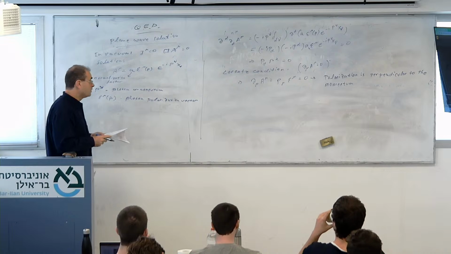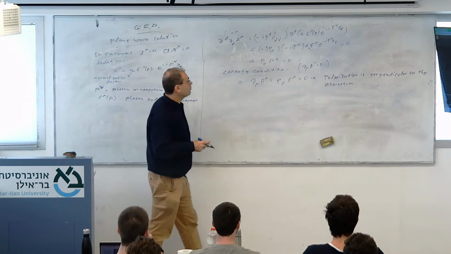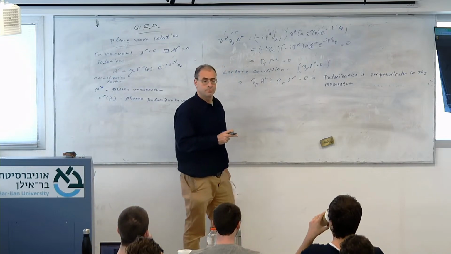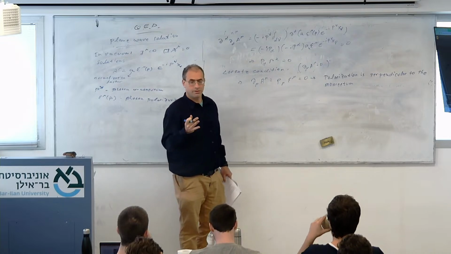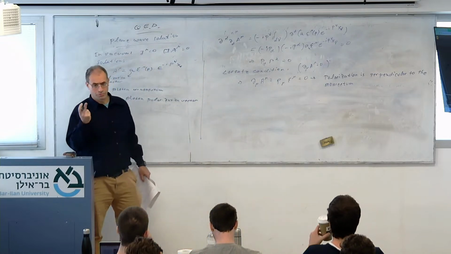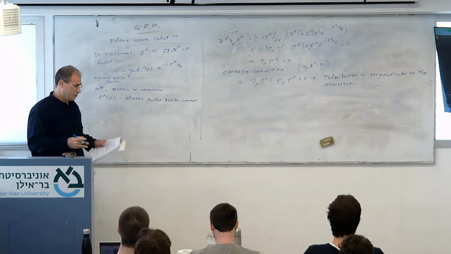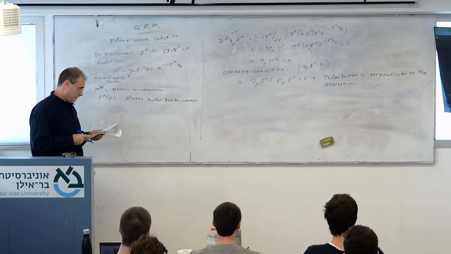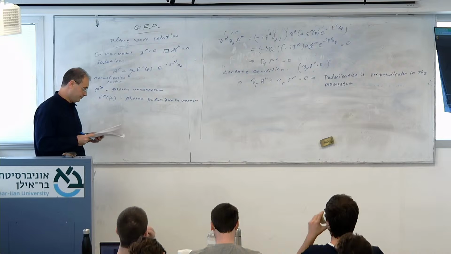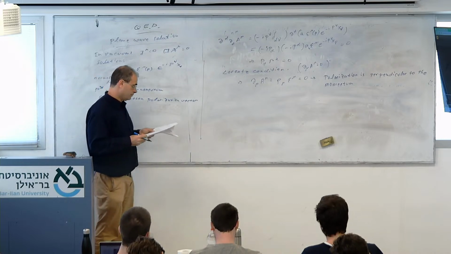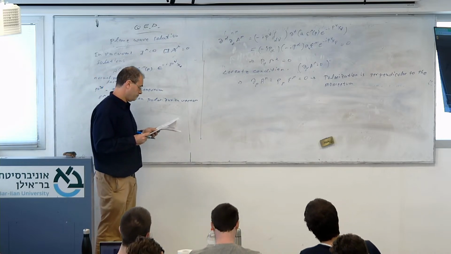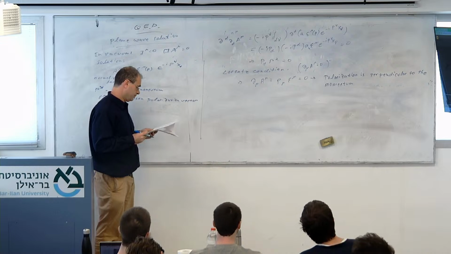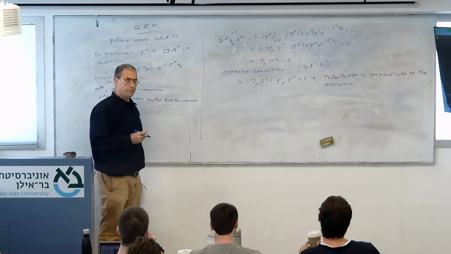And that also means, how many independent components of the polarization vector are there? Three, right. In fact, there are two. So there is still one more degree of freedom which we need to get rid of, and that is from the Lorentz gauge.